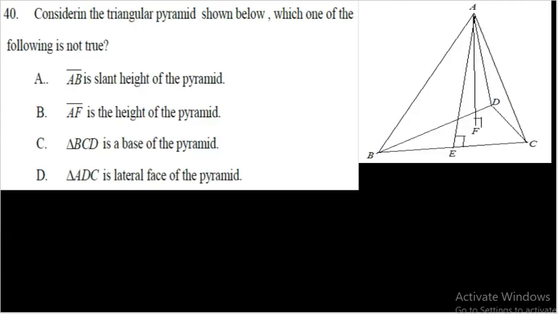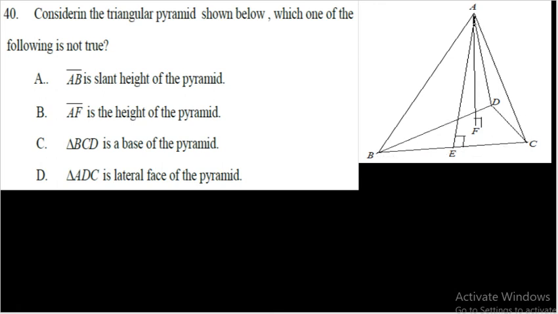The last question, here it is, question number 40. Considering the triangular prism. Triangular prism means the base is a triangle, as you see here. The base here, B, then D, then C. It is a triangle, the base. So what are the other things drawn here?